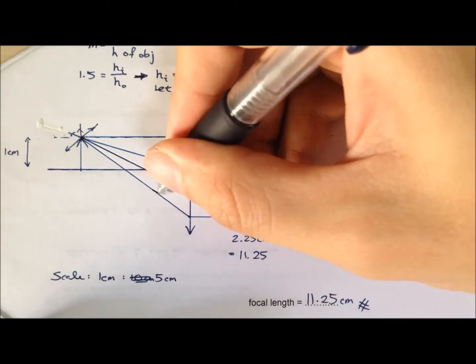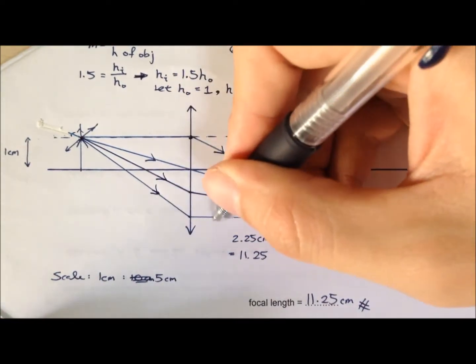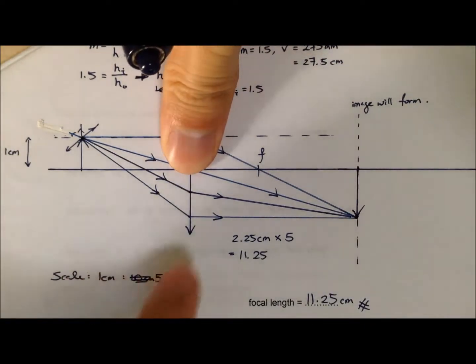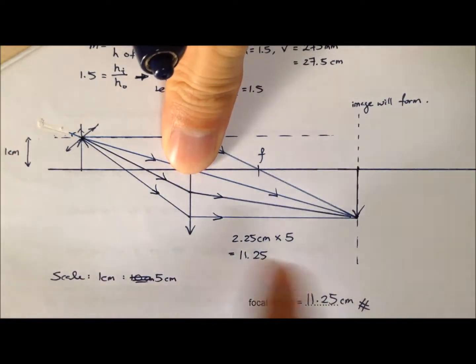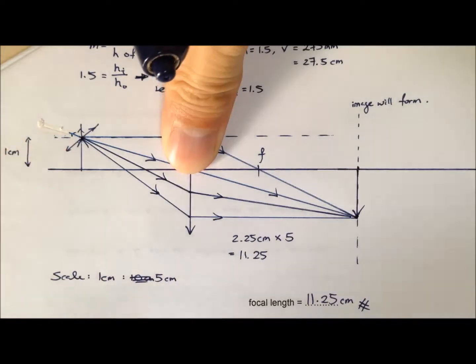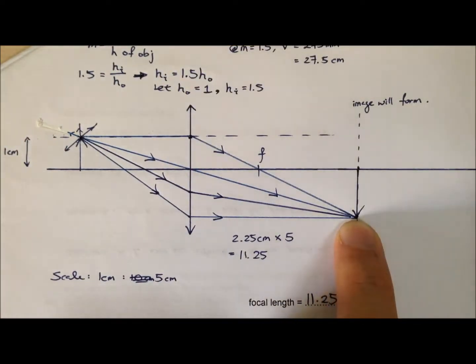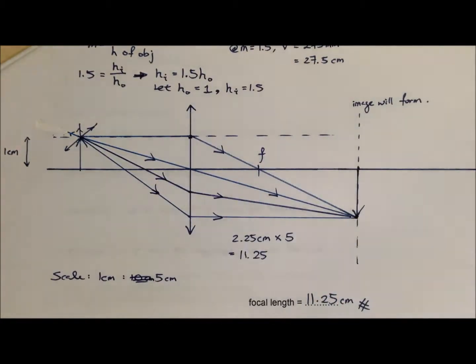It's going in all directions. They're all going to focus on one point. So even if you cover the top, the bottom lens is still going to focus the object's light onto where the image is. That means the position of the image and the size of the image are not affected.